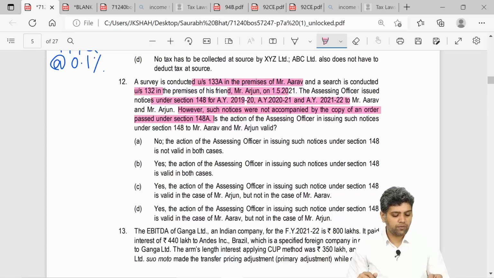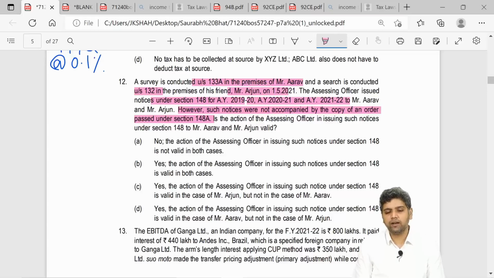Now again friends, with effect from 1st April 2021, the law pertaining to reassessment has undergone drastic change. Now with effect from 1st April 21, in case the assessing officer intends to reopen your case under section 148, he is first required to conduct an inquiry under section 148A, and there he will give you an opportunity, ask you to file details, etc. And thereafter under 148A subsection (d), the assessing officer is required to pass an order, and only after that he can either reopen the case if it is a fit case for reassessment, or he may drop the proceedings.